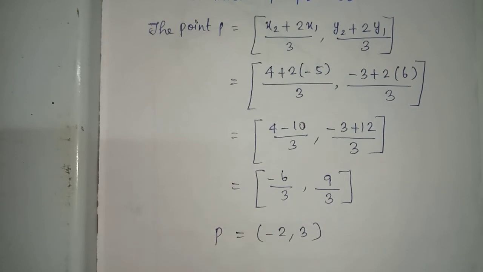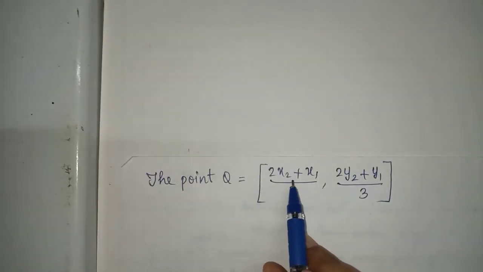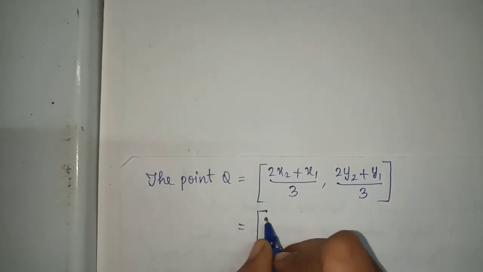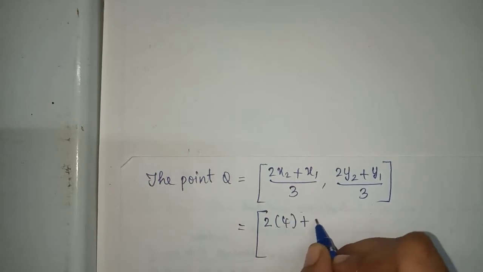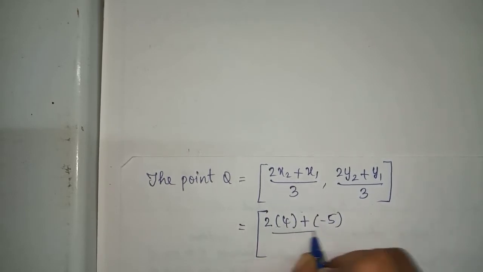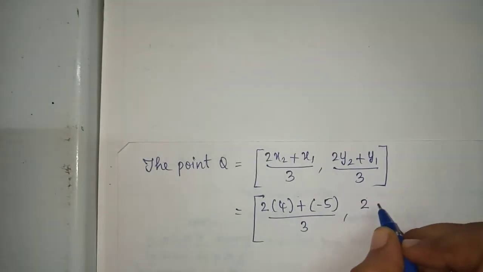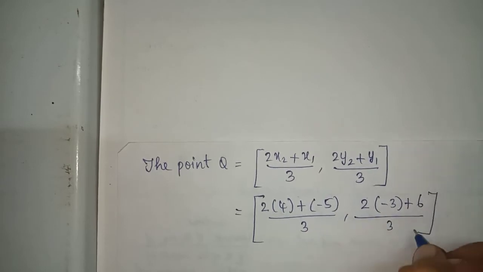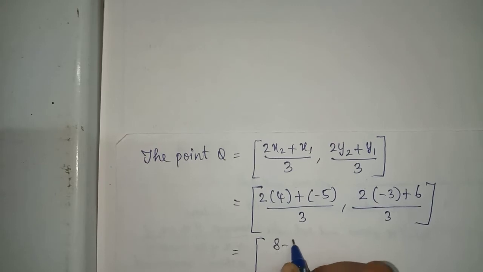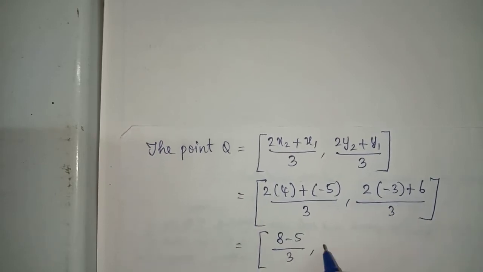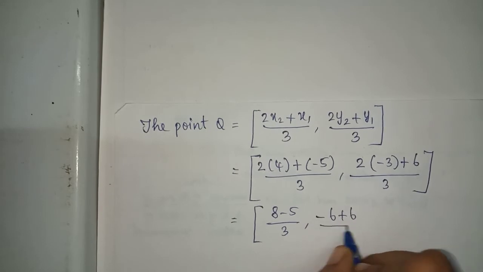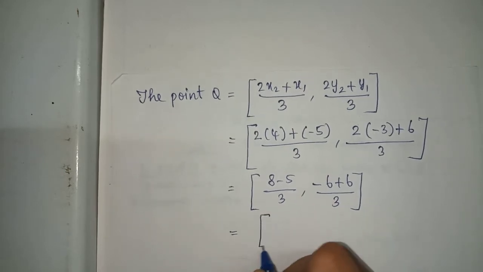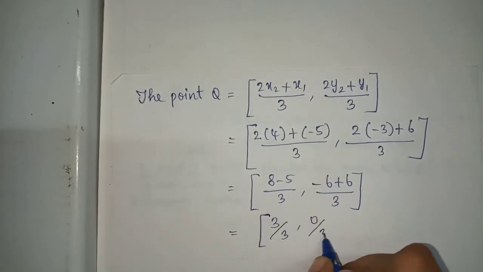This is point P. The point Q is equal to 2x2 plus x1 by 3, 2y2 plus y1 by 3, which is equal to 2 into x2 value is 4 plus x1 value is -5 divided by 3, 2 times y2 value is -3 plus y1 is 6 divided by 3, which is equal to 4 twos are 8 minus 5 by 3, 2 into -3 is -6 plus 6 by 3, which is equal to 8 minus 5 is 3 divided by 3, 0 divided by 3.